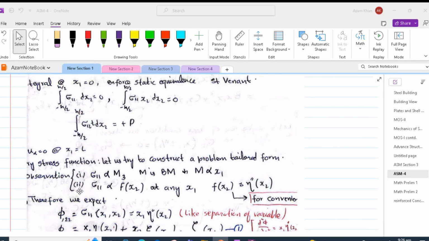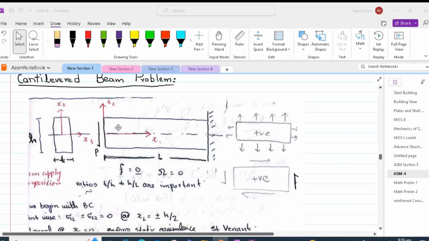Thus, we can also write that sigma 11 is proportional to a function of x2. So sigma 11 would be proportional to moment, and that moment will be a function of x2.